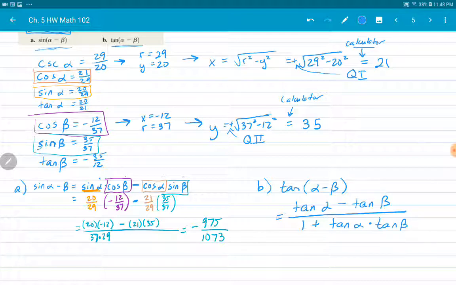Oh, I'm sorry, plus. So I keep the same sign in the numerator and flip the sign for the denominator. Okay, so tangent of alpha, again, I don't know what alpha is, but I do know that tangent of alpha is right here, and that is 20 over 21.